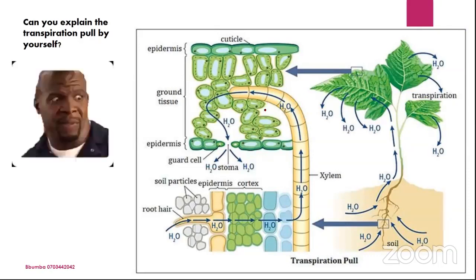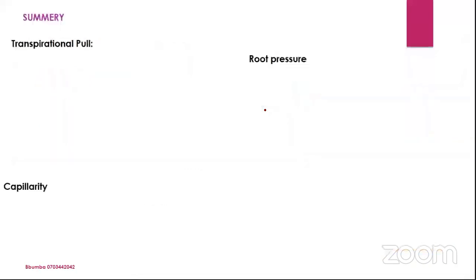If you can't, then you better revise that area harder. Now, this is a summary of transpirational pull, the movement of water in the plant.